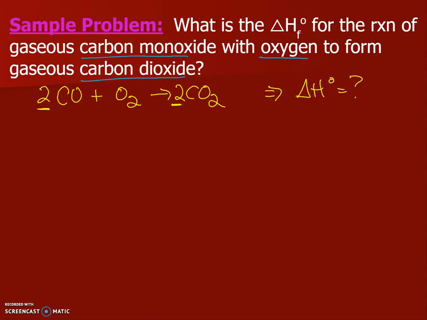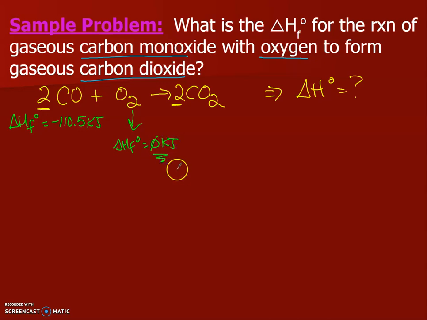So what I need to do is look up a couple of things first. The delta H of formation for carbon monoxide is going to be negative 110.5 kilojoules, and that would be in our appendix, our big old list. For oxygen, since this is an element, the delta H of formation is 0. It exists.